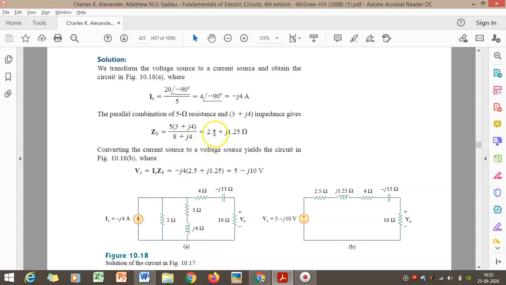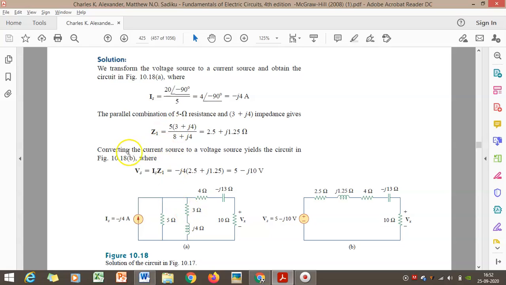It becomes 2.5 plus j1.25. So the circuit has one current source with a parallel impedance of 2.5 plus j1.25 ohm, and the other elements are the same. We do this because if there are many parallel impedances, we cannot calculate Vx easily.